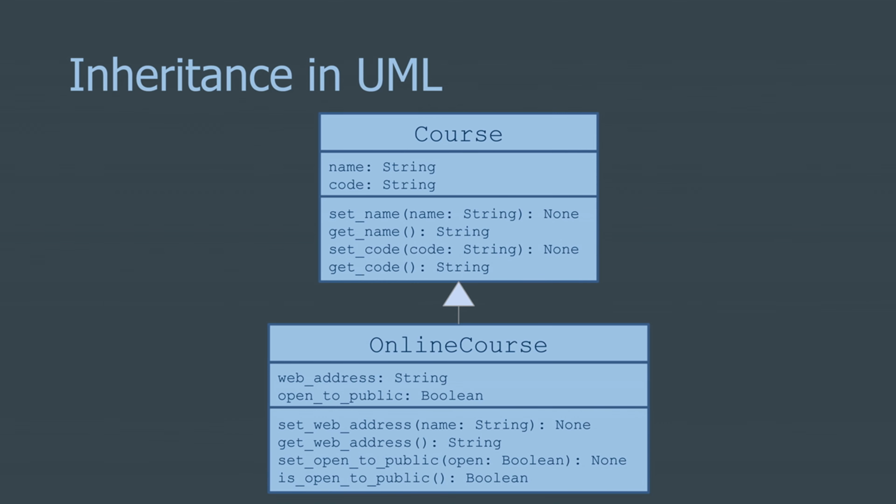So that's pretty cool. And of course, that means we also have access to the instance variables. So online course has a web address and an open to the public instance variable, but it also inherits name and code instance variables from course. However, in some programming languages, because you can set instance variables to private, imagine if name and code were private, well, an online course couldn't access name or code directly.